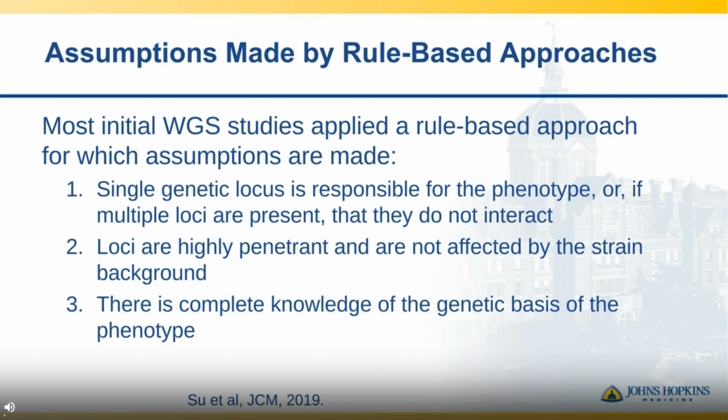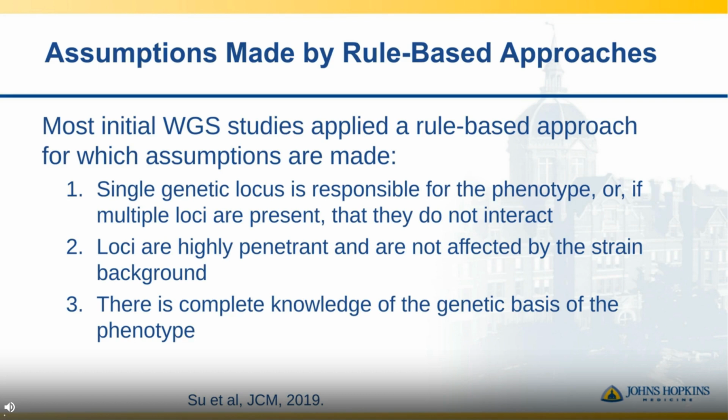Getting back to our prediction methods, the initial rule-based approaches applied by many of the studies apply many assumptions to the data. First is that there's a single genetic locus that's responsible for the phenotype, or if multiple loci are present, they do not interact.